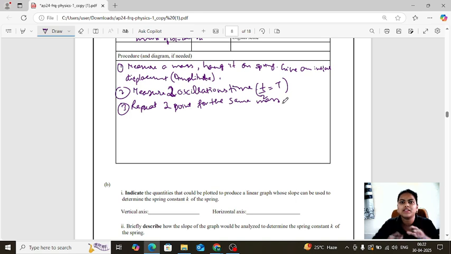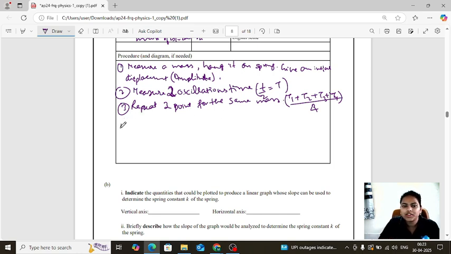So for the same mass you take 2 or 3 readings, T1, T2, T3, or T4, and you just take the average. So you would get T for a single mass, one time period for one mass.